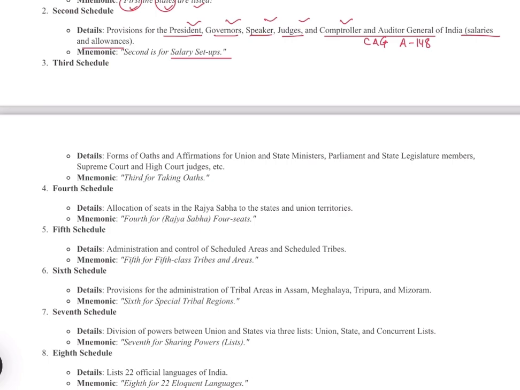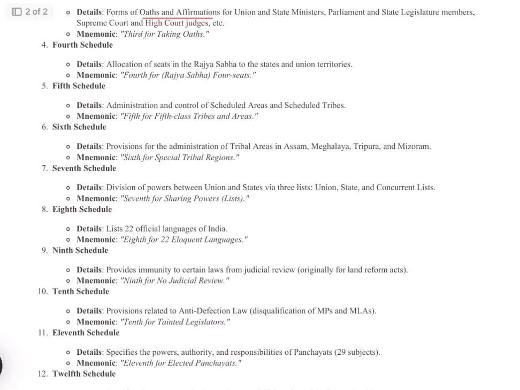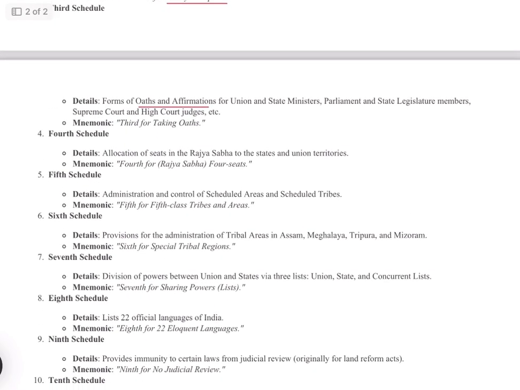Just like this, you can remember first salary will come, and then their oath for work and everything will come. So the third schedule is about oaths and affirmations of union and state ministers, parliament and state legislature members, Supreme Court and High Court judges, etc. Okay, third is for taking oaths. First tell the salary and then talk about oaths.